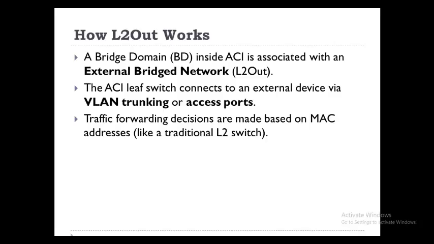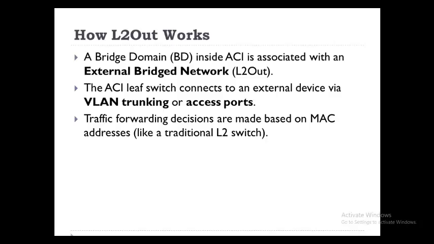A bridge domain may have more than one subnet, whereas a broadcast domain will usually have one subnet. So this is the step. First of all, the bridge domain, which is inside the ACI, needs to be associated with the external bridge network. When we see the configuration step, you will understand this point. It is on the next page.